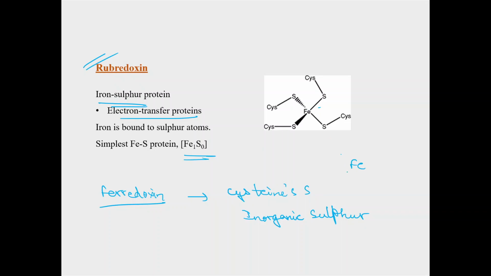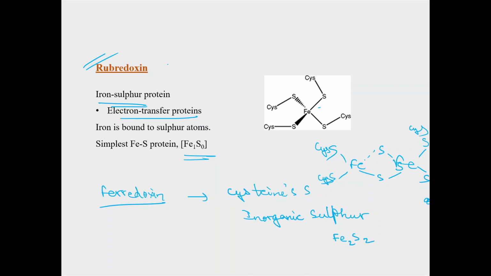Let's say we have Fe, then S, and here these two are S from cysteine. So here we call this Fe2S2.